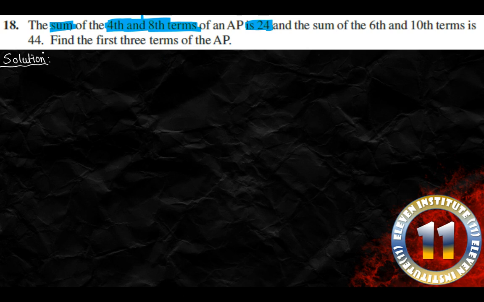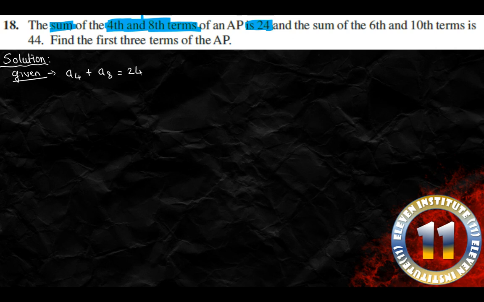Yes. And what is given to us? A4 plus A8 is equal to 24. Sum of fourth term and eighth term is 24.